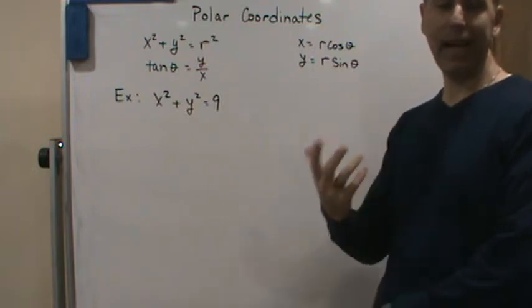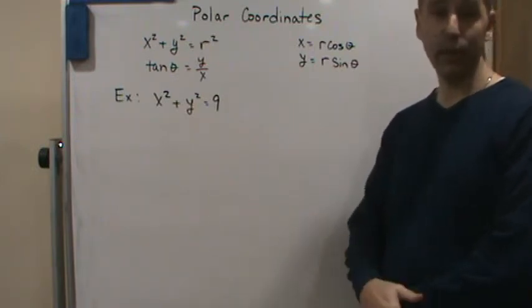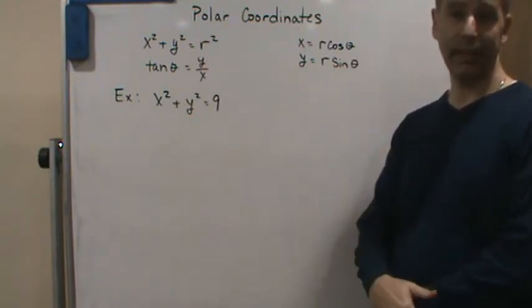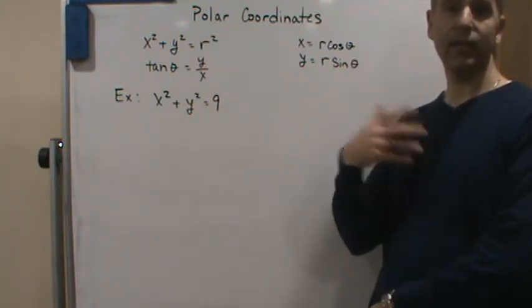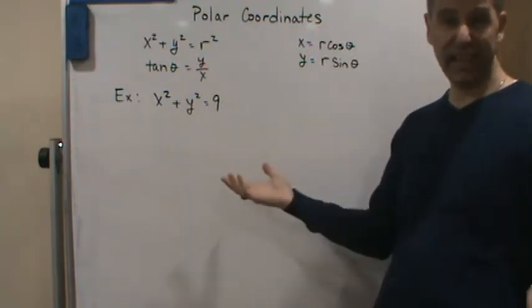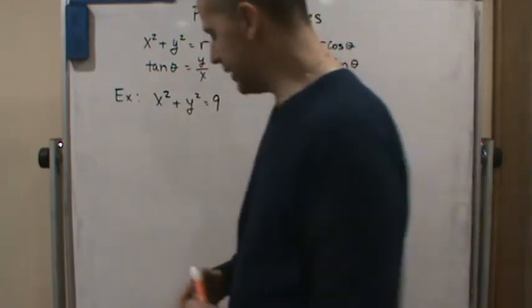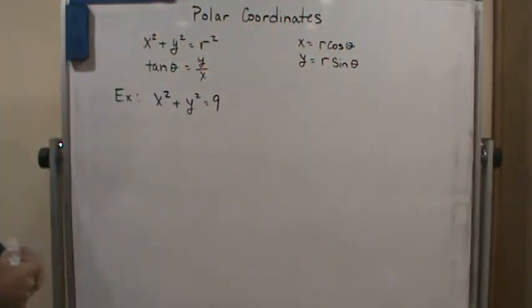You're talking about a constant radius, right? So the radius is 3. And it doesn't matter what the angle is, right? In fact, theta can be anything, and the radius will always be 3. So that should give us an idea of what this might look like in polar form.